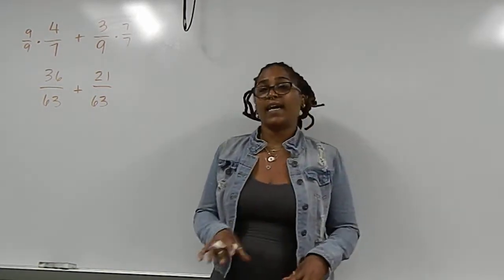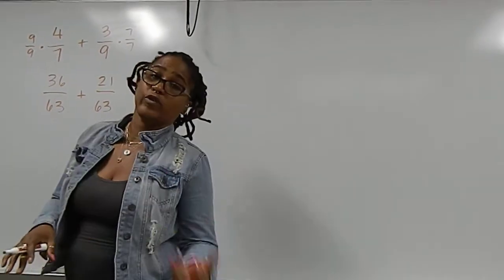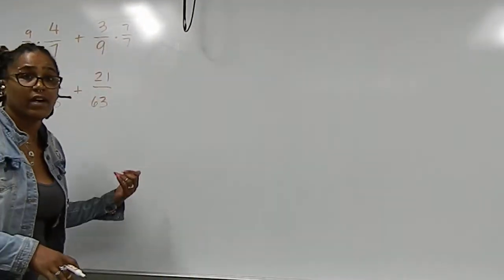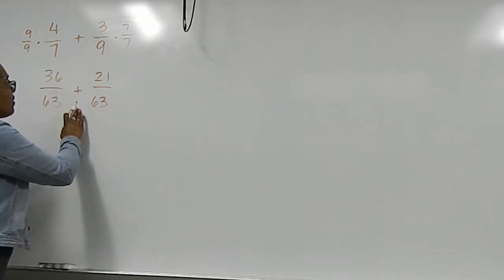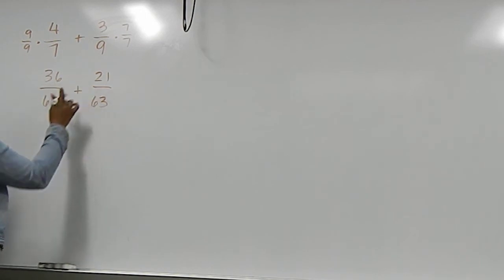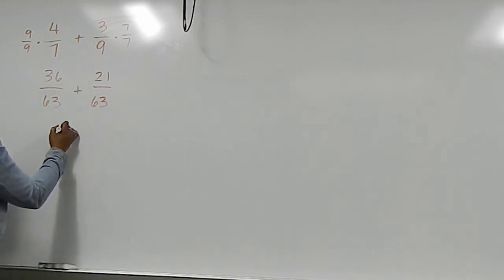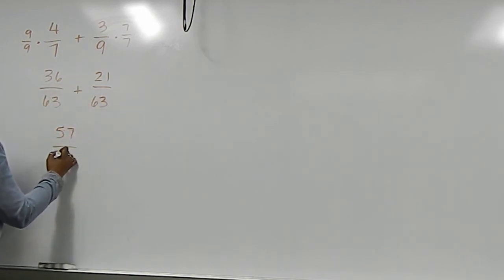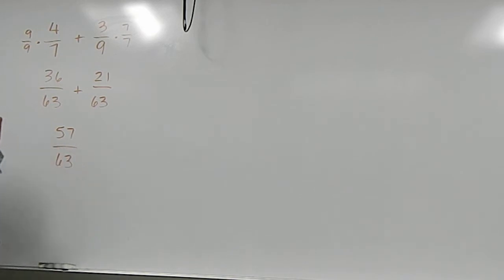You're only adding or subtracting the numerators depending on what the operation asks for. In this case, we're adding, so we're going to add our two values, 36 and 21. It's going to give us what? 57 over 63.